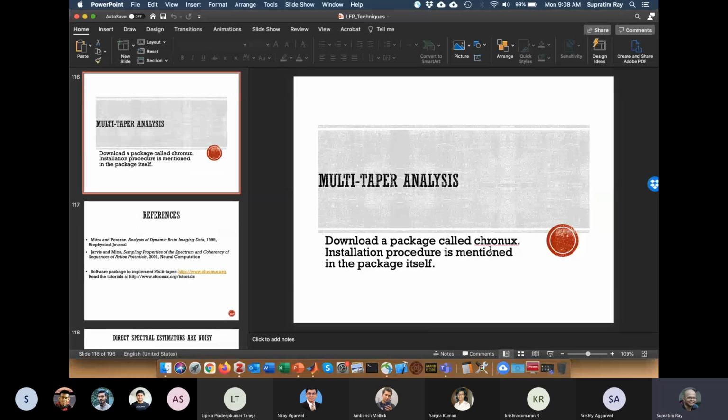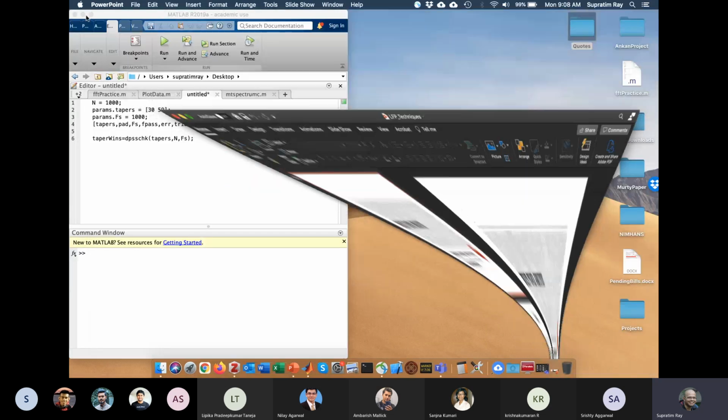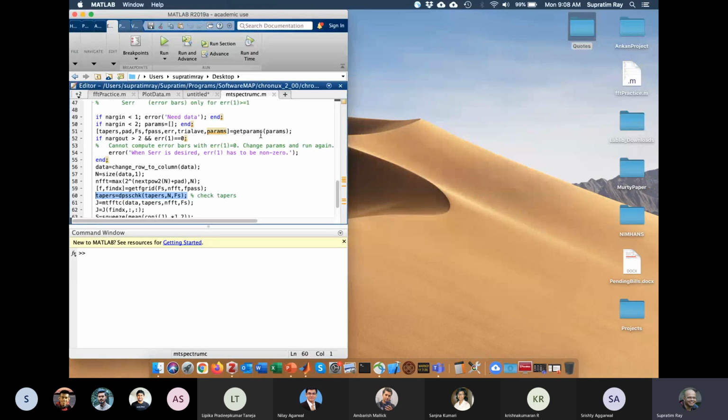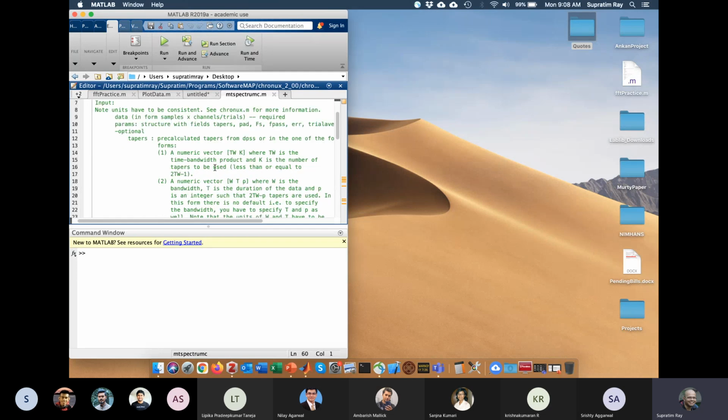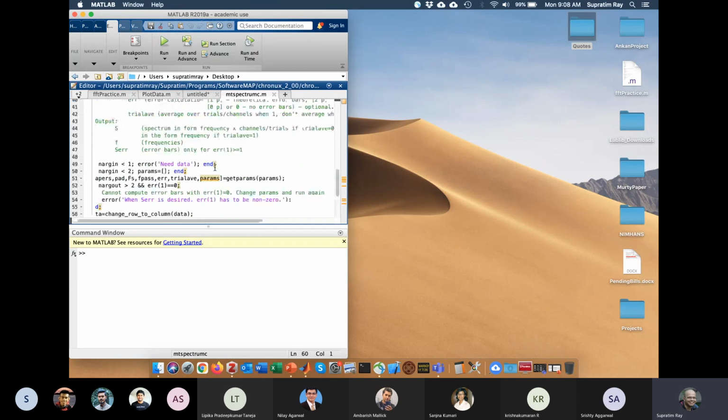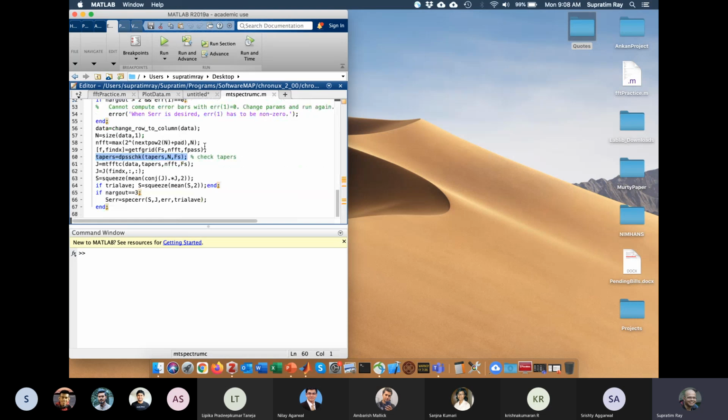You have to download this package called Chronux, which is a very popular software that is used in neuroscience. And once you have it, you will find this command called mtspectrumc, which gives you the multi-taper spectrum. And you can see that the command itself is just a few lines.